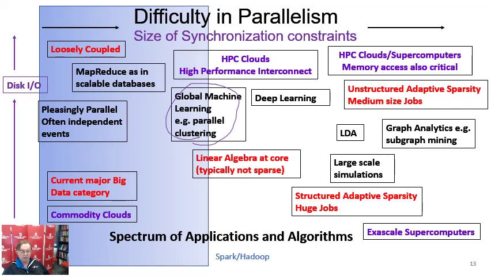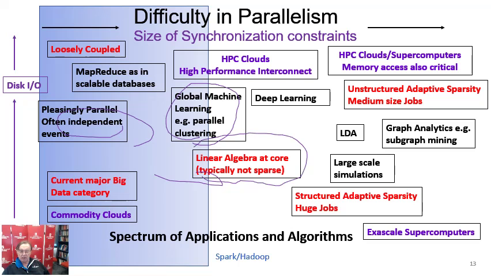These are what I used to call map only, or classic MapReduce in databases. Map only is pleasingly parallel. And then we have global machine learning. It's more complicated as communication, but it's reasonably structured.